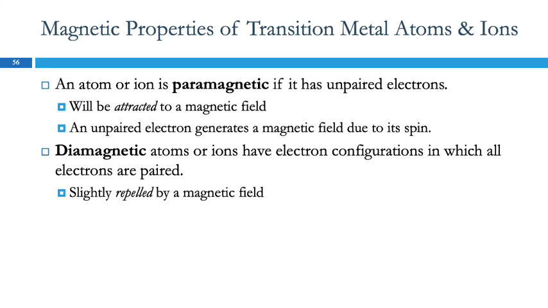That magnetic field interacts with the other magnetic field. Diamagnetic atoms or ions have all their electrons paired up, and so you can think of those paired spins as kind of canceling each other out. They don't generate a magnetic field, and so these sorts of atoms are actually slightly repelled by a magnetic field.